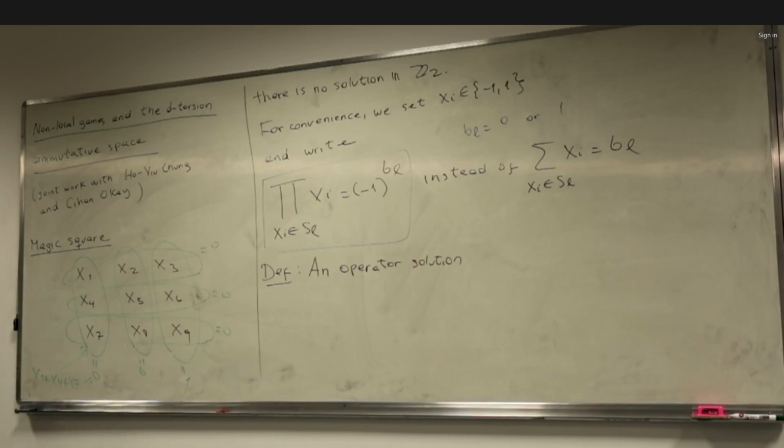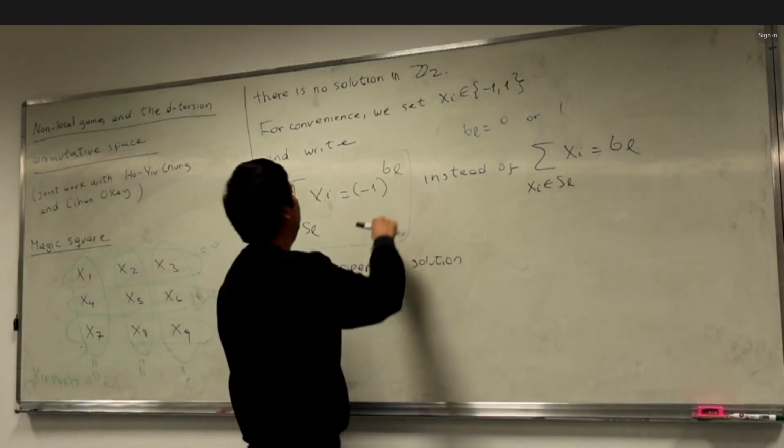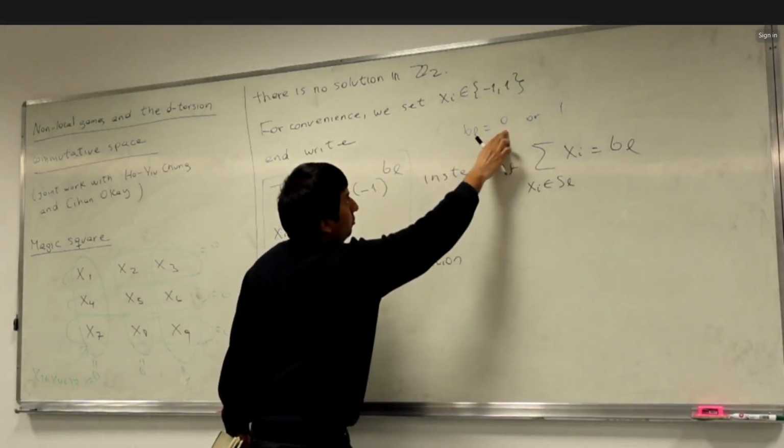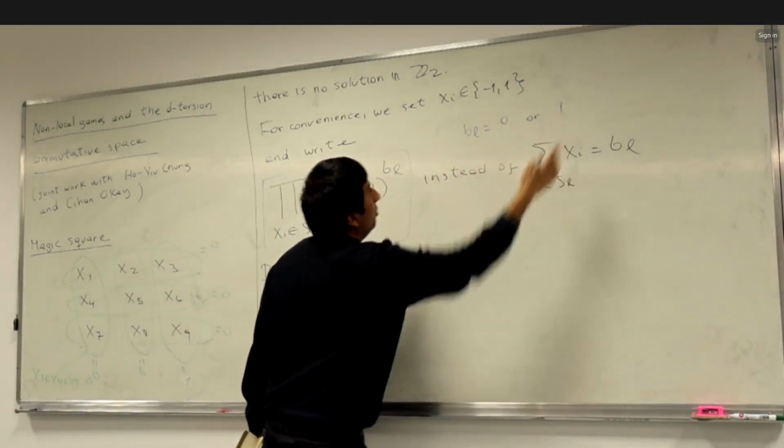You can construct S as a matrix, with 9 equations and 9 variables. This convention is just for the x_i's, because for B_L we also use the classical notation 0 and 1.